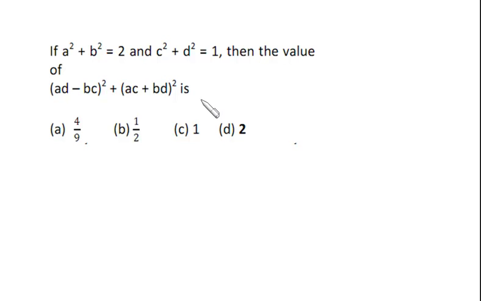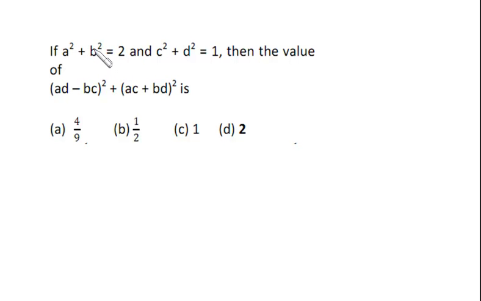If it is constant, that means for any value of a and b which satisfy this equation, any value of c and d which satisfy this equation, you will get the constant answer for this. So put up any value in that case, right? Because any value will give this expression as a constant value.